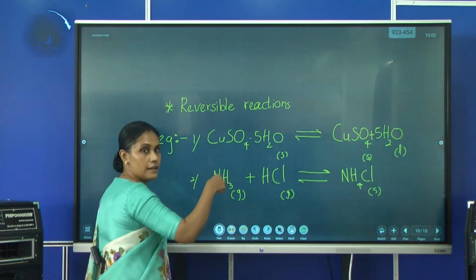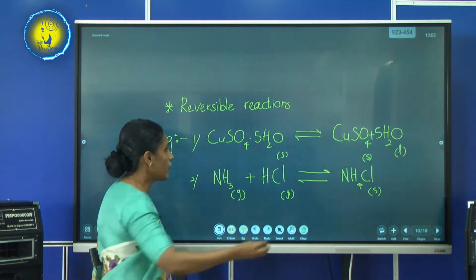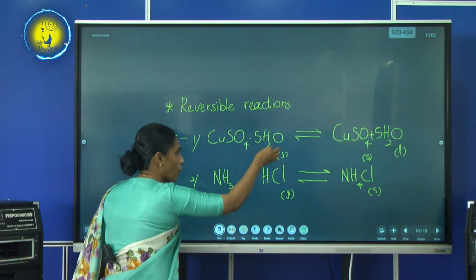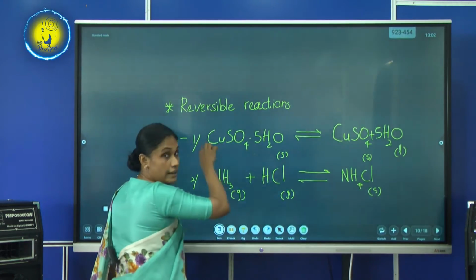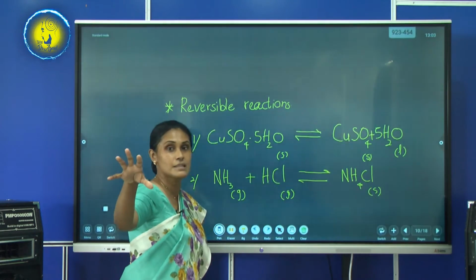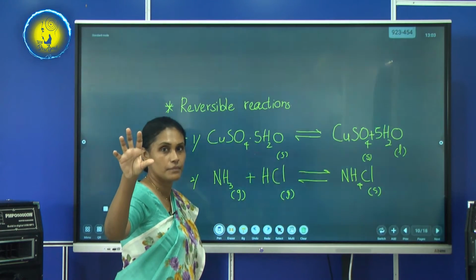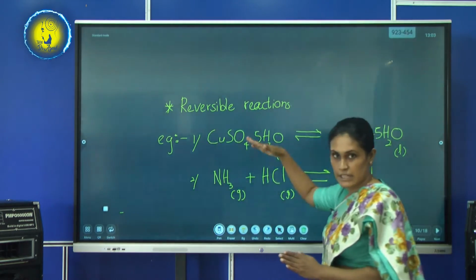Hydrated copper sulfate. Copper sulfate is in solid state. When we add 5 moles of water, it turns to what? Once it was anhydrous, right? We added water, then it turns to hydrated copper sulfate. Okay, let me tell you once again.